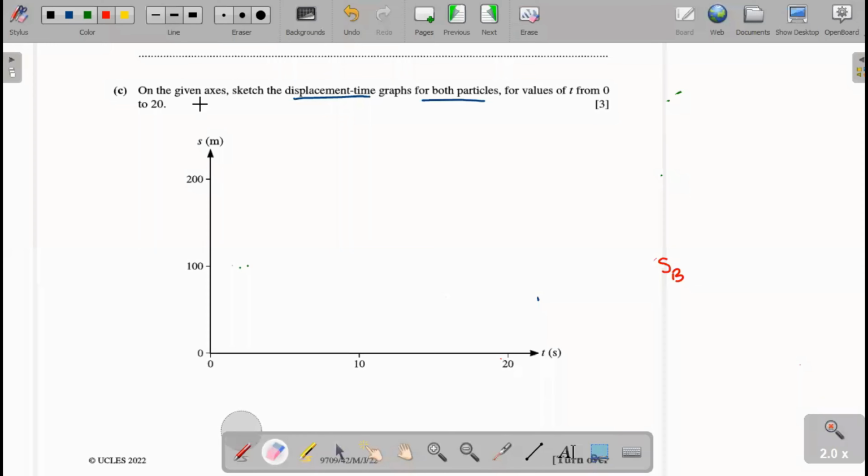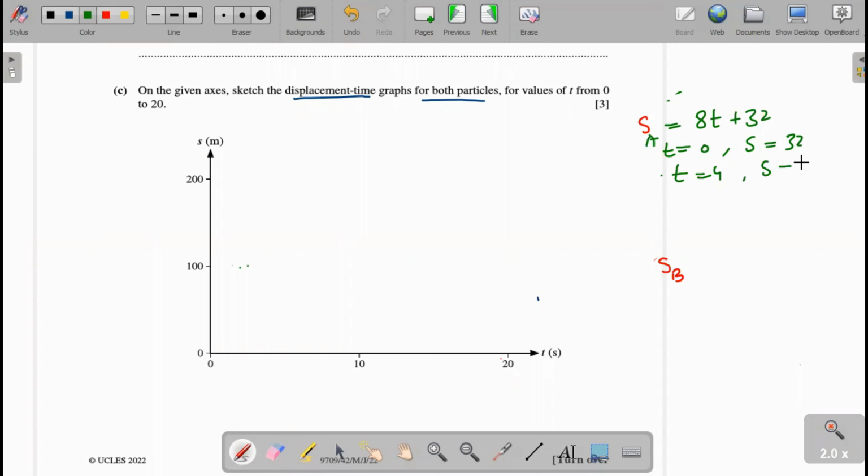In part C, on the given axis, sketch the displacement time graph for both particles for values of t from 0 to 20. Now here the displacement of particle A is given as 8t plus 32. To draw the graph, we take some values. t is 0, s will be equal to 32, and we take t equal to 4.